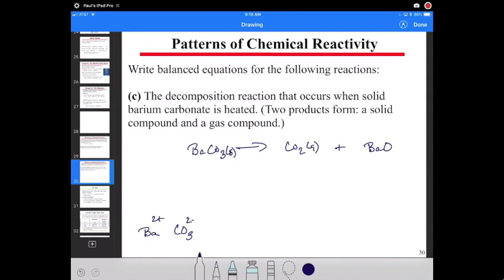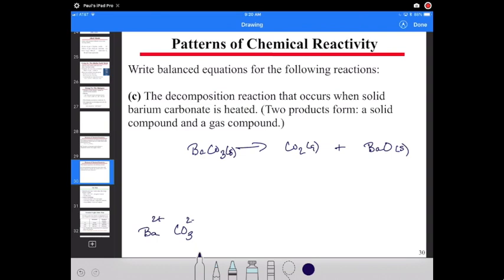Barium is a plus 2 charge. Oxygen is what charge? Minus 2. That would be a compound. And in this case, most likely, it's going to still be a solid because it tells us it's going to make a solid.